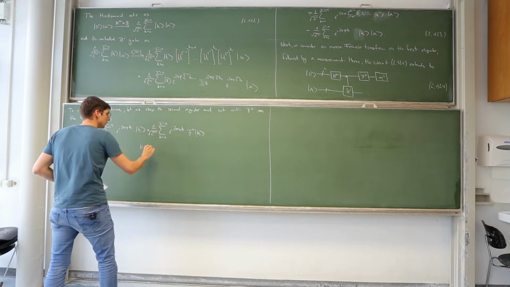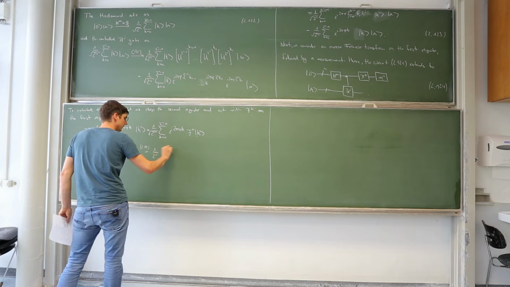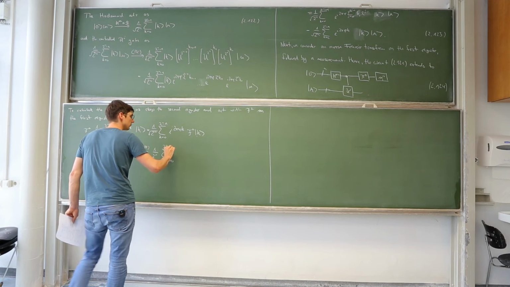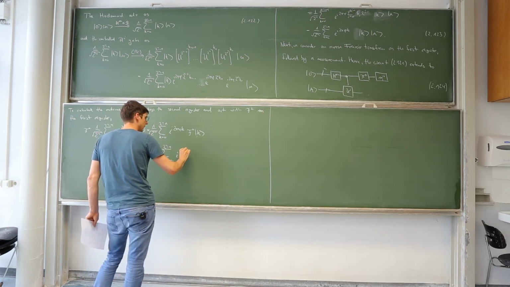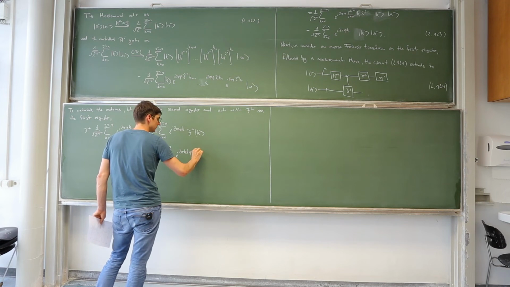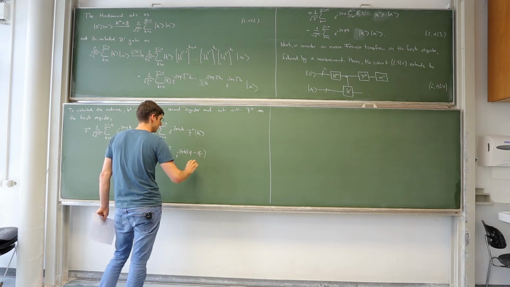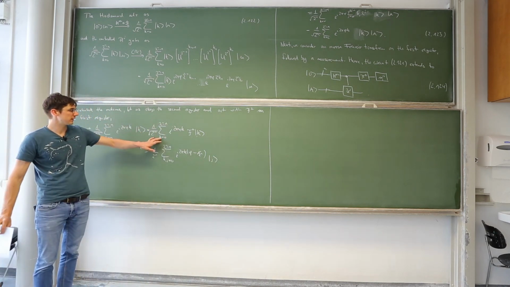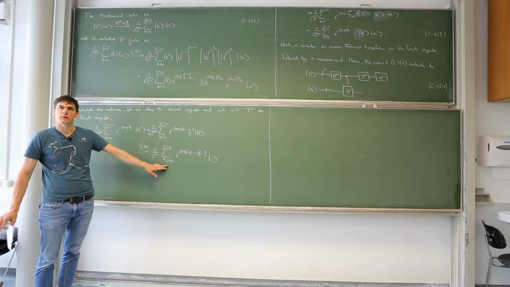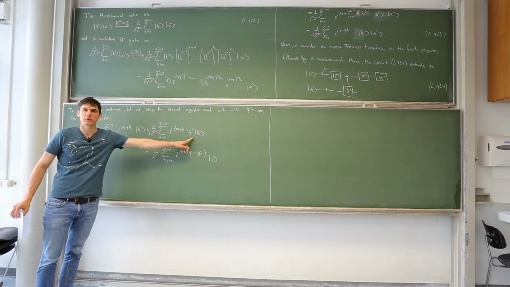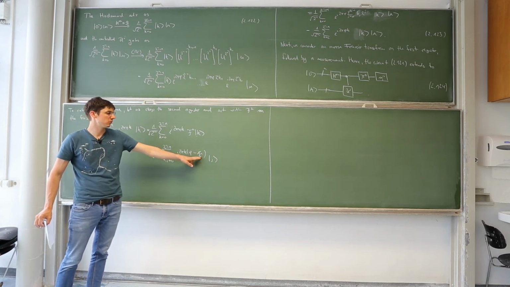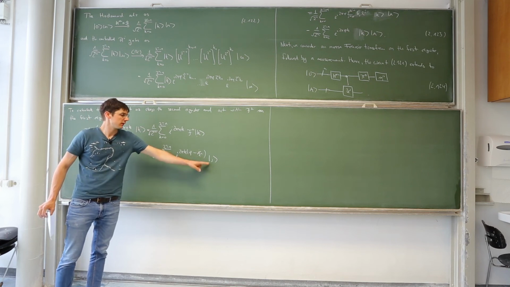So we get then 1 over 2^n, sum over k, j equals 0 to 2^n minus 1, with e^(i 2 pi k (phi minus j/2^n)) |j>. Note that the sum here is now running over j and k, because the sum over j is coming in due to the Fourier transform. And then we have this phase e^(i 2 pi k j / 2^n), which comes from the inverse Fourier transformation, and then this state |j>.